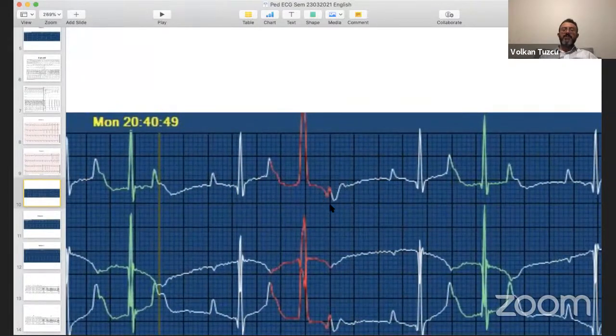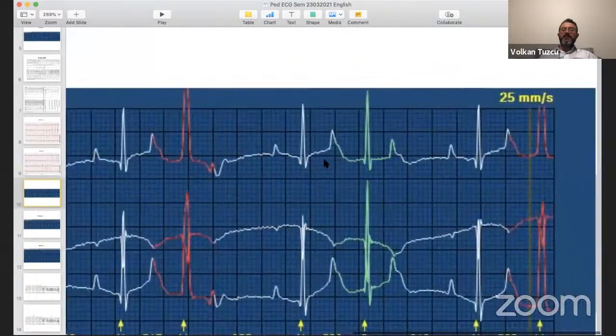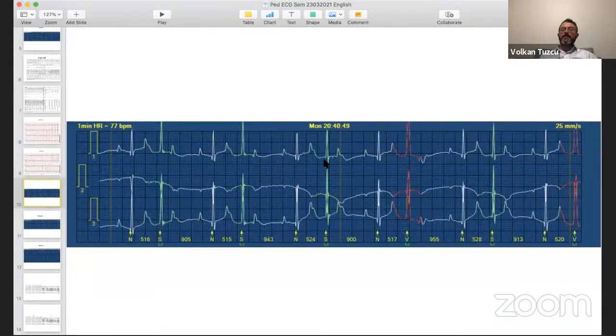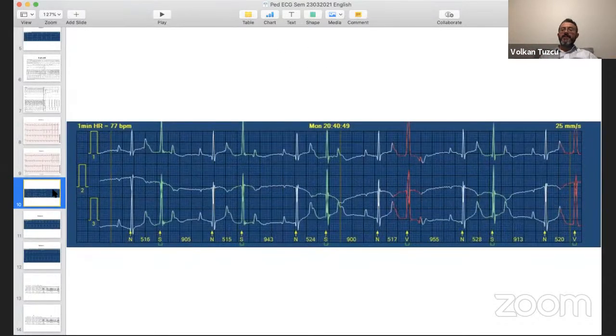Actually, there's another P here, if you pay attention. PR, and this P drops, okay? So again here, 3 beats like that. So it really fits the first type, Mobitz type 1 AV block, okay?